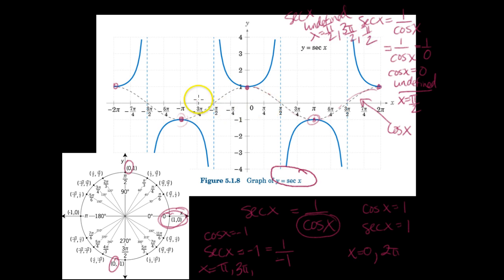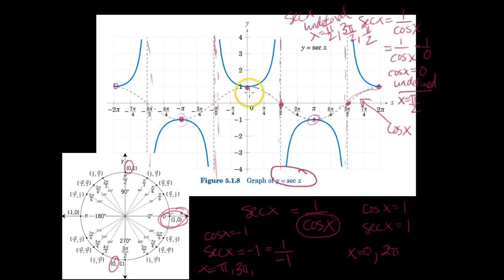That is how you find all of your vertical asymptotes. But look at this: if you look at the intercepts of cosine of x, that's when cosine is equal to 0. That's a good heads up as to when your vertical asymptotes are. So here are your vertical asymptotes, here and here.